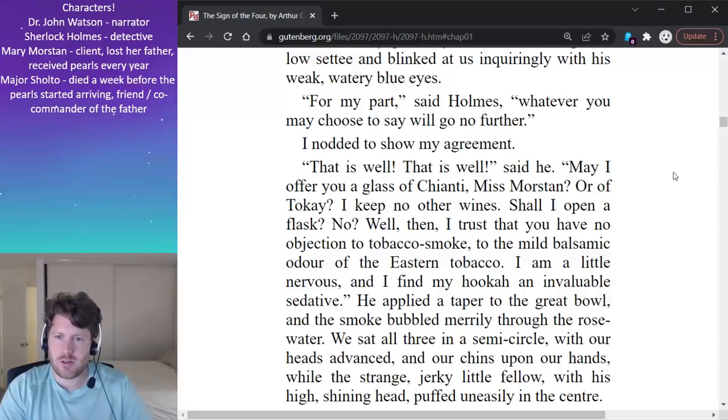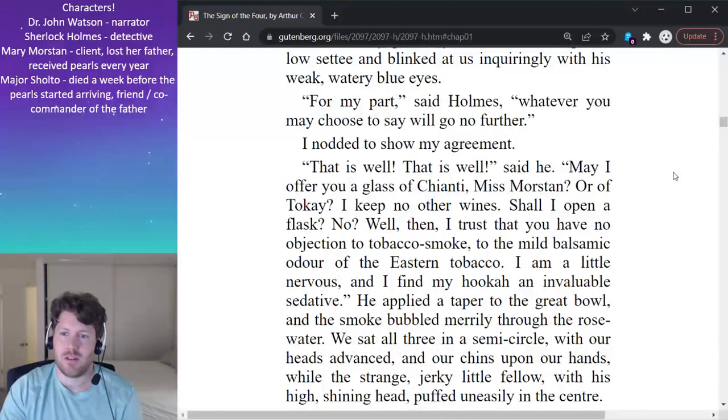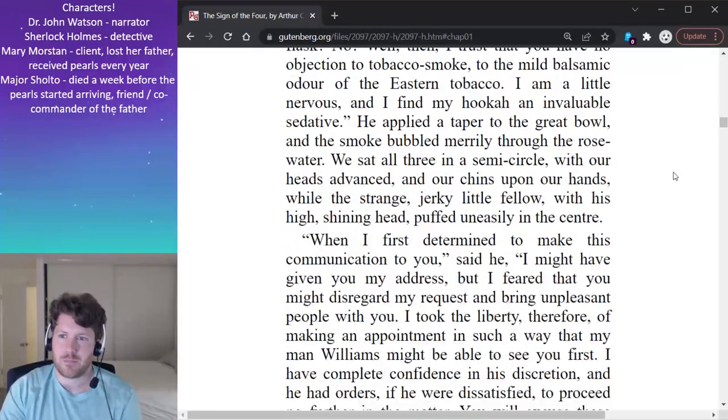Well, then I trust that you have no objection to tobacco smoke, to the mild balsamic odor of the eastern tobacco. I am a little nervous, and I find my hookah an invaluable sedative. He applied a taper to the great bowl, and the smoke bubbled merrily through the rose water. We sat all three in a semicircle, with our heads advanced and our chins upon our hands, while the strange, jerky little fellow, with his high shining head, puffed uneasily in the center.